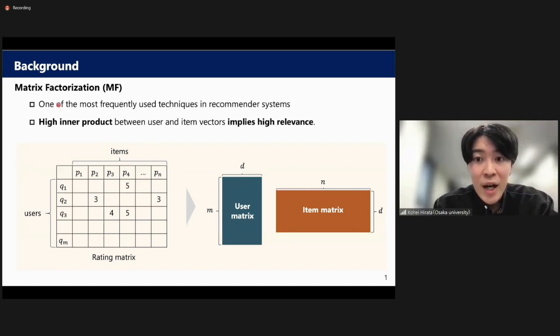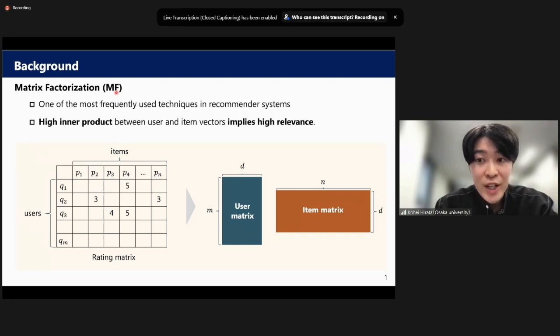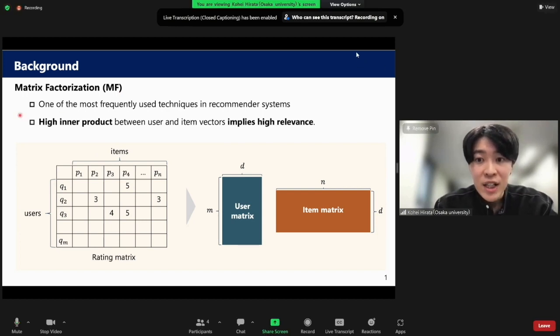In this study, the background is matrix factorization, MF. MF is one of the most frequently used techniques in recommender systems. And by recent studies, MF recommendation systems perform better than neural network-based recommendation systems.